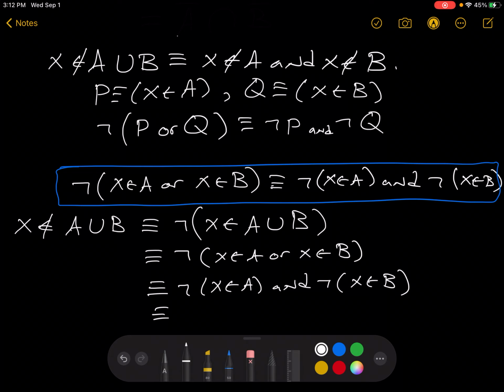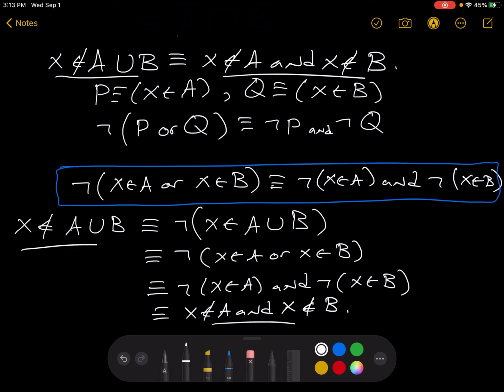Okay, the negation of X is in A, that's X is not in A, and the negation of X is in B is X is not in B. So you see here that I've shown that this is equal to that is equal to that.